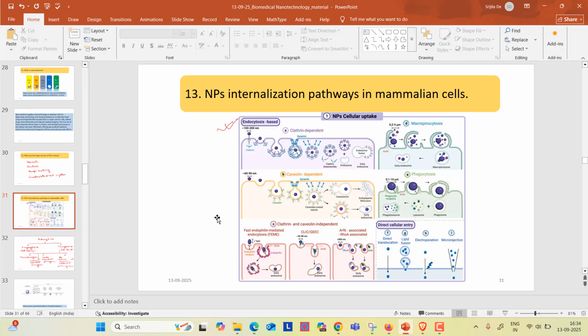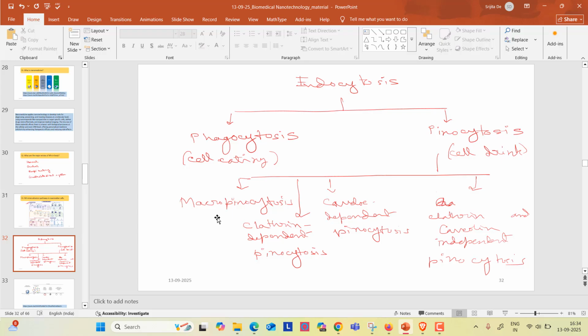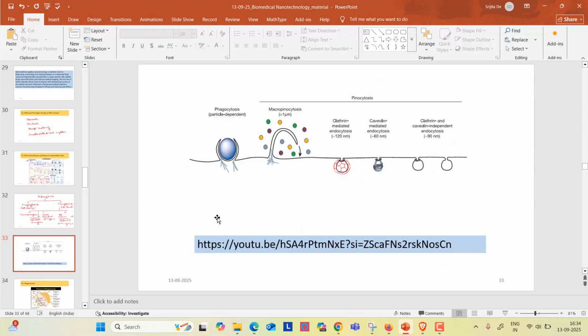So now we see this one by one. So this is the typical range of particle sizes for different types of endocytosis. So phagocytosis generally depends on the particle size. So the bigger particle will be captured by phagocytosis. Okay. And when the particle size is greater than 1 micrometer, then macropinocytosis will happen, like this.